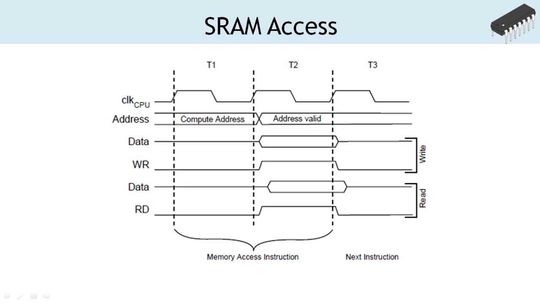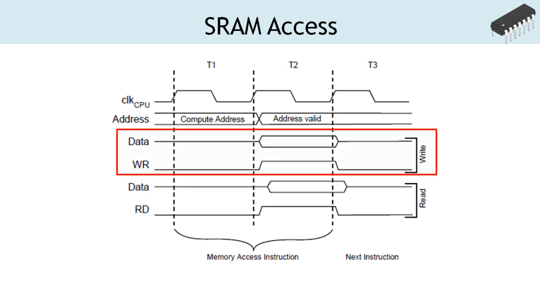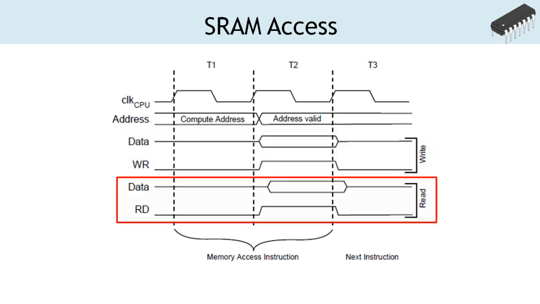In the first clock cycle, the address of the memory location is computed and placed in the address bus. And when the control line is enabled, the content of the address is available. The line WR is used as write control line and RD is used as read control line.